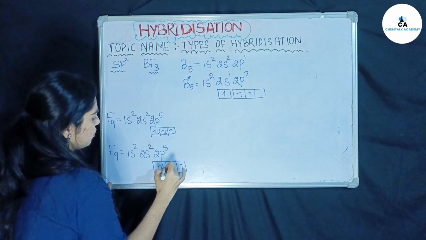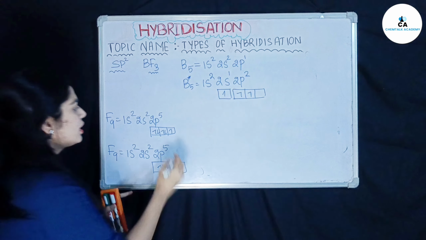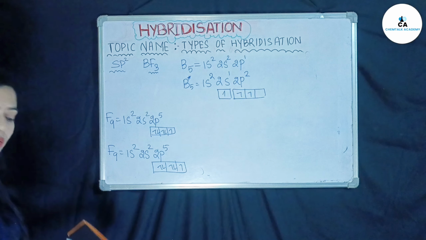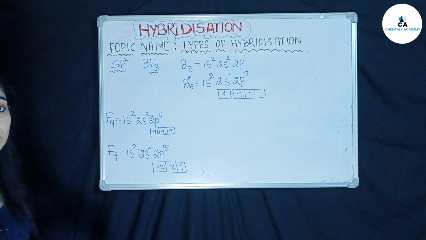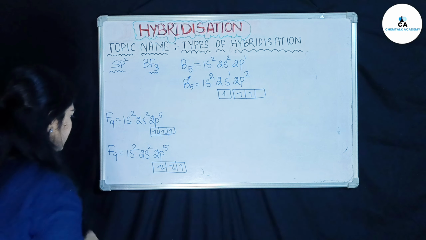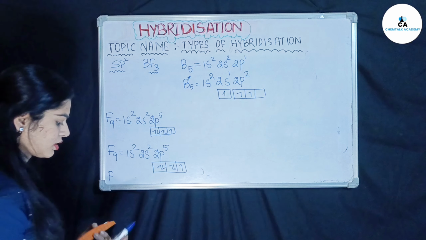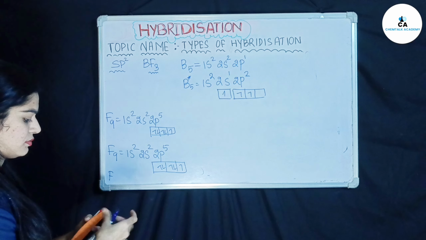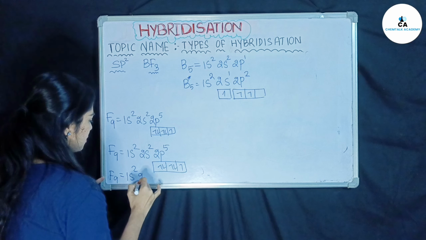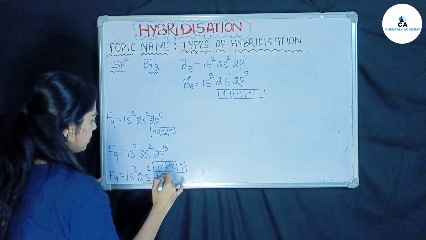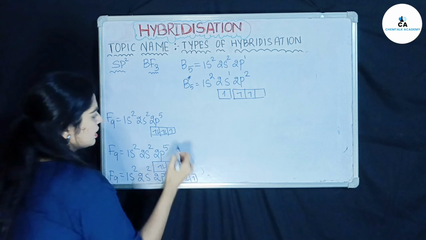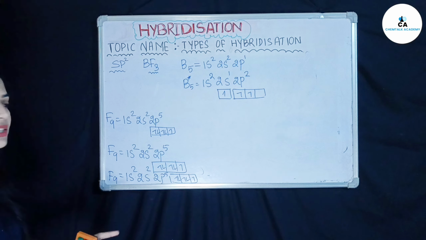Another fluorine with atomic number 9, 1s2, 2s2, 2p5. Now see, 3 half-filled orbitals of fluorine are present.